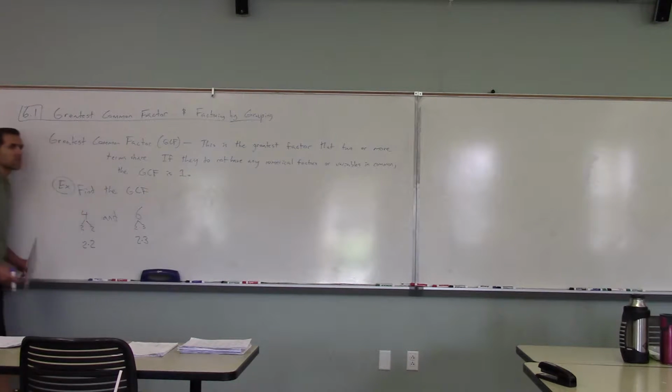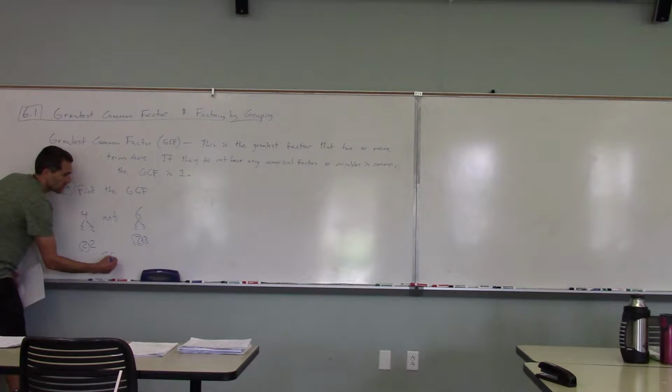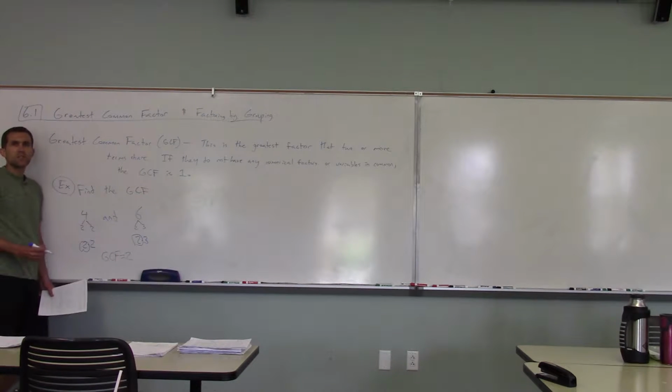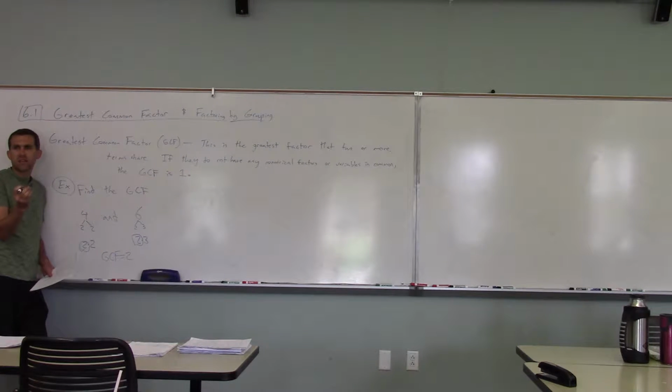So what are all of the factors they have in common? 2. And that's part of the magic, the beauty of numbers, which I think is so amazing, is you can take any number and exactly break it down into its prime parts. We call it the prime factorization, and we did it in chapter 1. You can write any number, like 372, and say exactly what it's made out of.